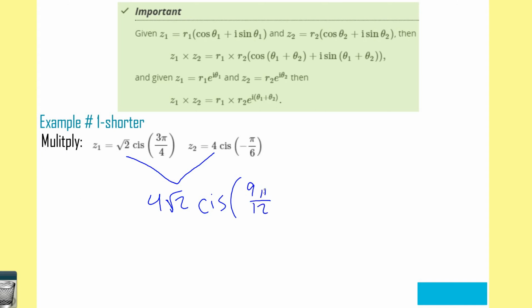So what is that? 9 pi over 12 minus 2 pi over 12. So it's 4 square roots of 2, cis 7 pi over 12. Okay. And there you have it.